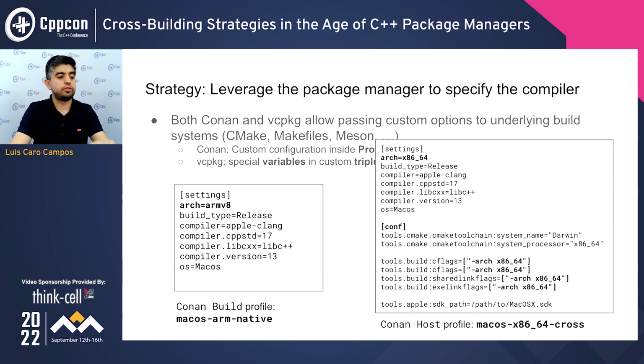As you can see at the top, I'm changing the architecture to x86_64, but that's just me expressing what I think the output of those binaries is going to be. The configure section at the bottom is actually how we tell the underlying tools, you know what, this is the flag that you need to pass to Apple Clang to build code for x64, right?